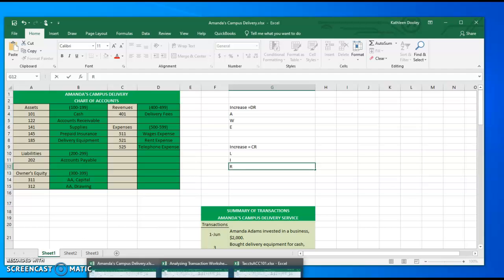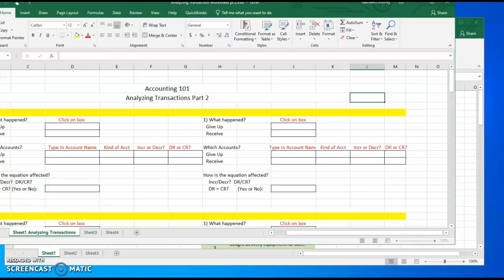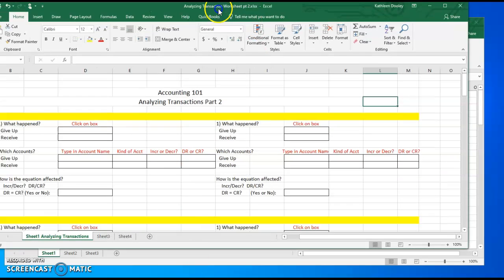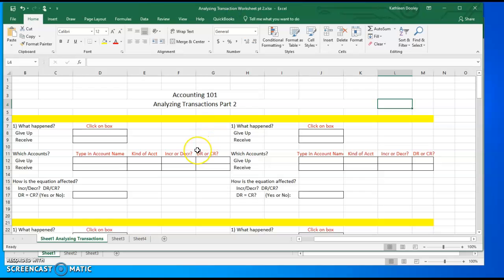Okay, so now we're going to take a look at our analyzing sheets. Here we have to look from the eyes of the business: it received cash, and our other line is owner investment.